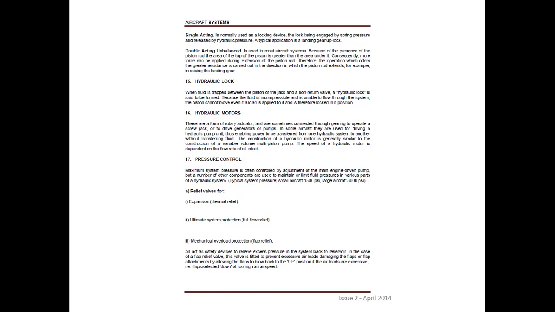The pressure will break whatever part of the system it can, just to get out of the system. That is why there is pressure control. Pressure controls are identified as valves: relief valves, sequence valves. Their function is thermal relief when the system gets too hot.